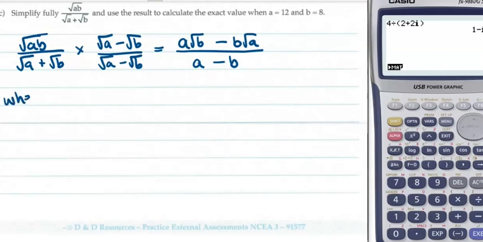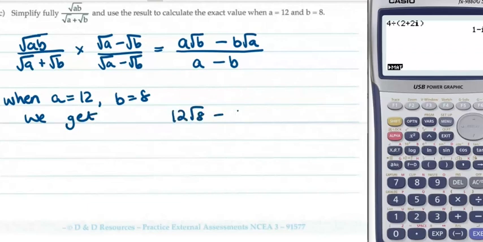And using that, when a equals 12 and b equals 8, we will then get 12 root 8 minus 8 root 12 all over 12 minus 8, which is equal to, well, the root 8 can become 2 root 2.